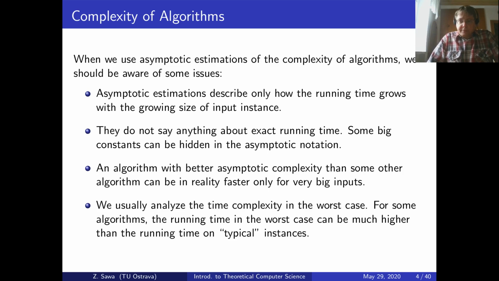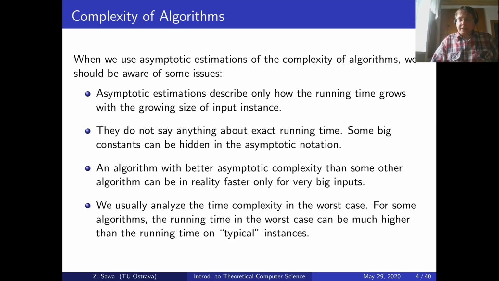it can also happen that when we have two algorithms and one of them has a better asymptotic complexity than the other, it does not mean that on each input the algorithm with lower time complexity will be faster than the algorithm with the bigger complexity, because asymptotic notation deals with the rate of growth of functions and how they behave for big n.